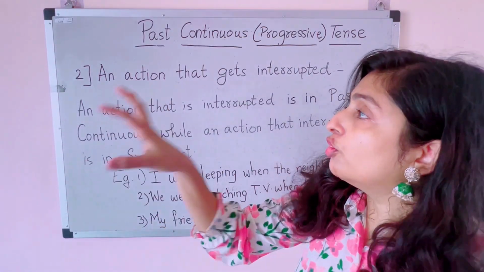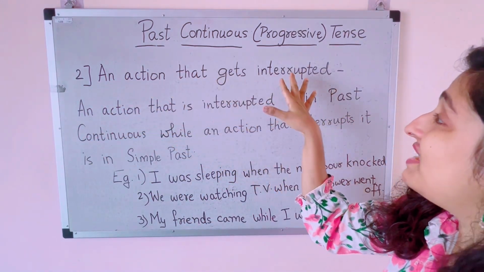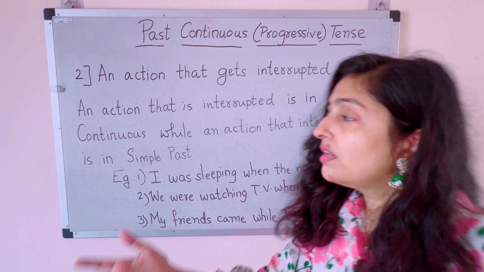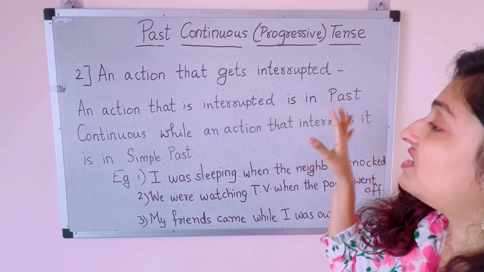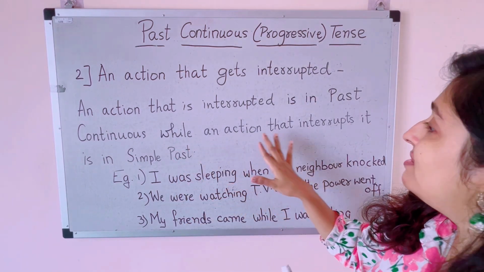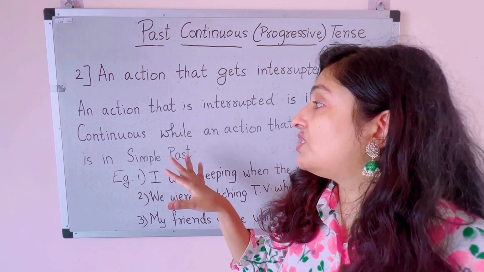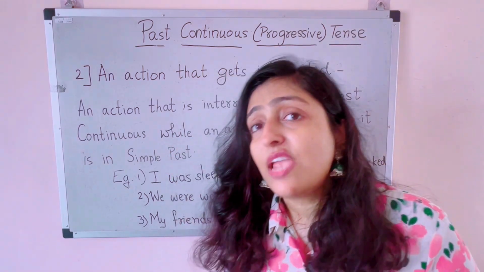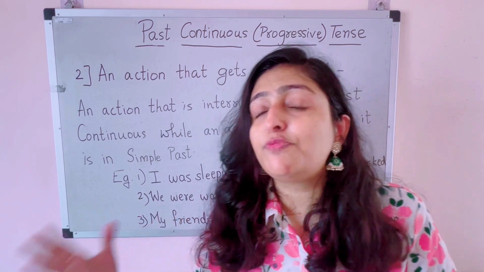Let's learn rule number 2. An action that gets interrupted. An action that is interrupted is in past continuous tense, while an action that interrupts it is in simple past. I hope you know what you mean by interrupt or interruption.